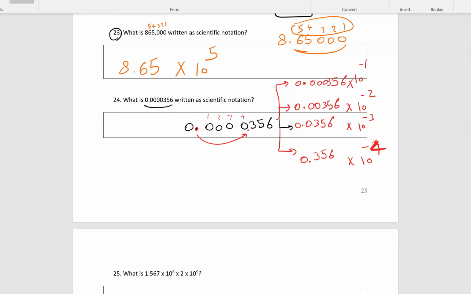And if I want to move the dot to here, we can write 10 to the power of -5, because 1, 2, 3, 4, 5, and also 3.56. Scientific means that first digit, then put a dot, and then the rest.